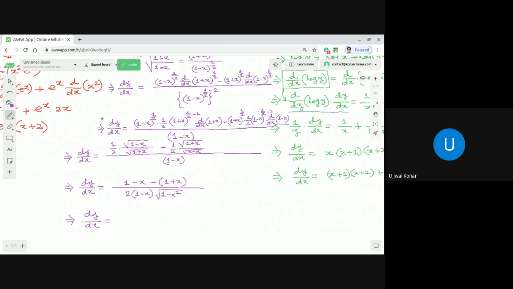Let me write it here in a different color. What I did, ddx of 1 minus x is equal to ddx of 1 minus ddx of x. ddx of 1 is 0, ddx of x is 1, minus 1. Got it?